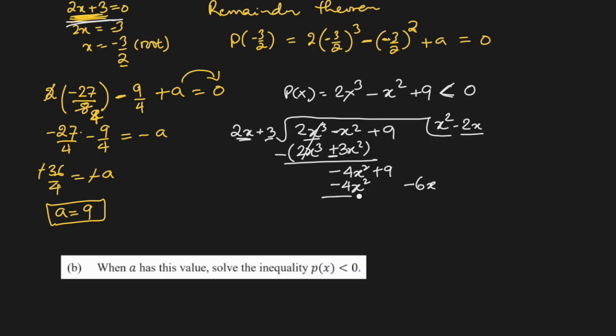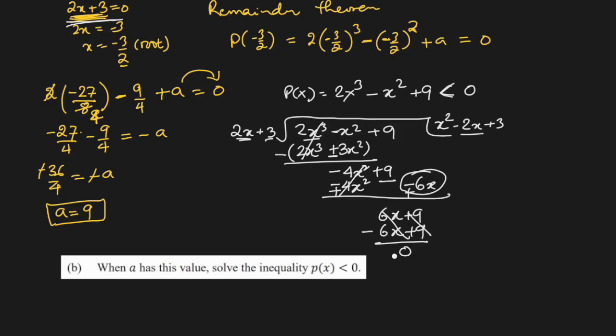Let me write it here. We'll subtract again. This becomes positive because of subtraction. This also becomes positive. So this cancels. We are left with 6x plus 9. Now, 2x multiplied by 3 will give us 6x, and 3 times 3 is 9. And yeah, we were right.